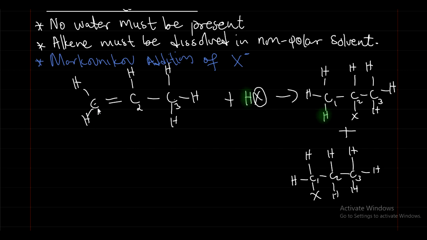But this carbon, which is number 1, is directly connected to only 1 carbon, while number 2 is directly connected to 2 carbons. So carbon number 2 is the most substituted carbon. The preferred structure according to Markovnikov is this one, because our X is on the carbon that is most substituted.